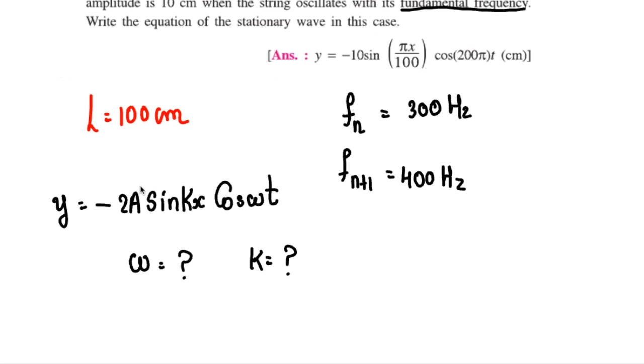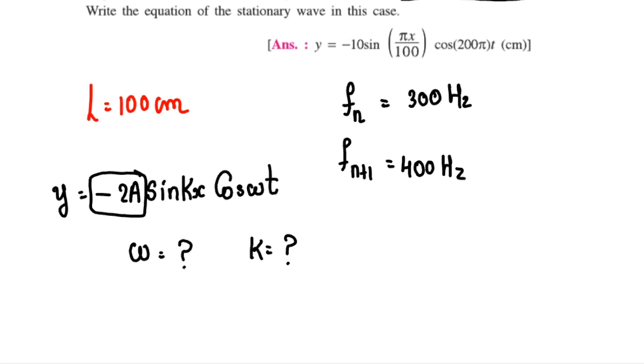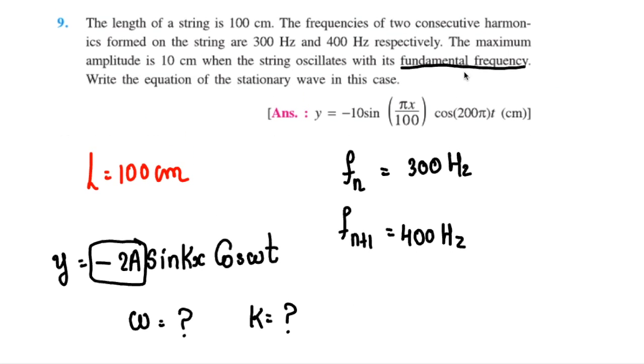Now maximum amplitude is already given to you, that is minus 2a, which is 10 centimeter. So 2a magnitude is 10 centimeter. Now I'm interested in omega and k. For that, the fundamental frequency f1 should be with me, because I need to find this at fundamental frequency f1.